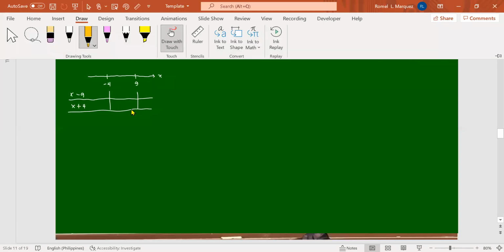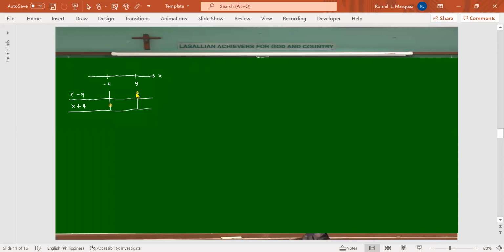Zero here, zero here. So positive, positive, negative, negative here. Negative, positive, positive. So positive product, negative, positive. We want it to be greater, so the product is positive. Meaning it should be where? Negative infinity to negative 4 on the left, positive 9 to positive infinity.